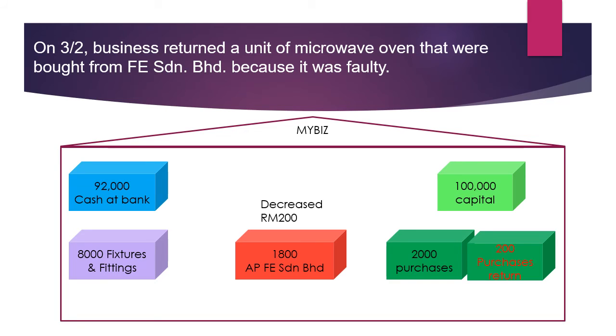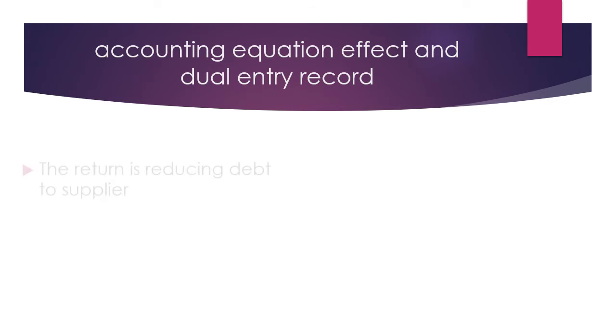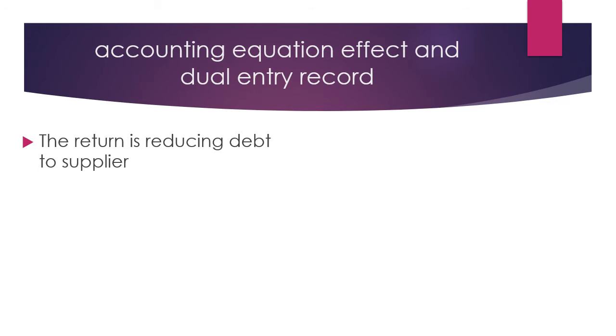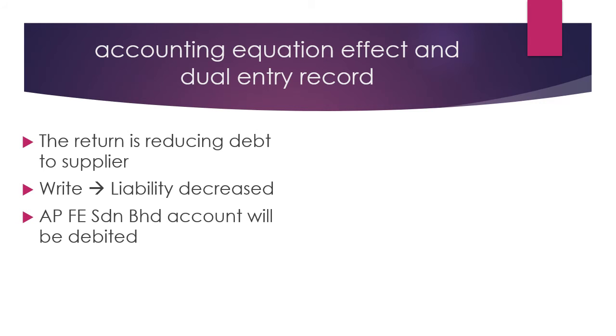So you will explain, for the accounting equation effect and dual entry, the return is actually reducing the debt to the supplier. So when you reduce debt, you will write liability decreased. So the liability account, that is AP FE Sdn Bhd account, would be debited.